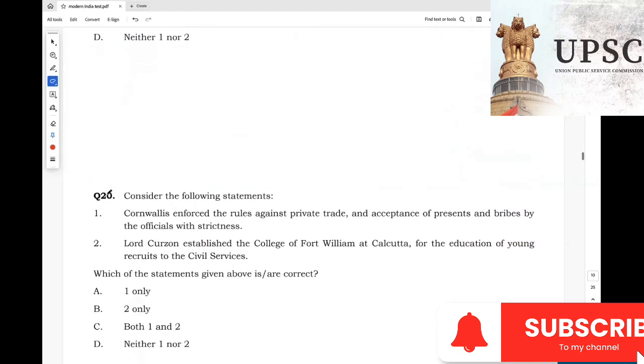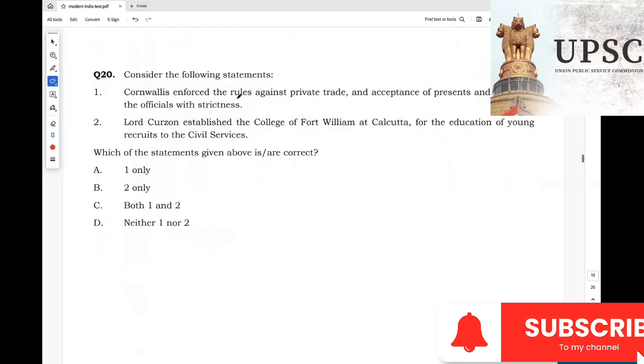Next one. Cornwallis enforced the rules against the private trade, right? And acceptance of the presents and the bribe by the officials with strictness. Why did this happen? Why was Cornwallis against any kind of corruption? I mean, private trade, accepting presents, bribes, and all these are part of corruption.